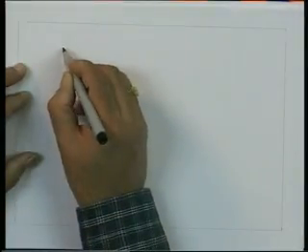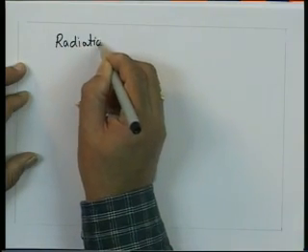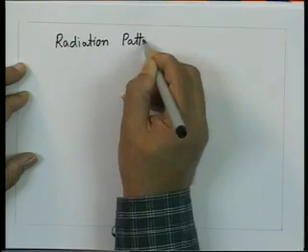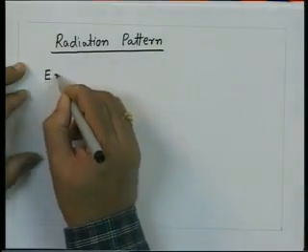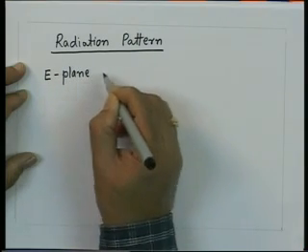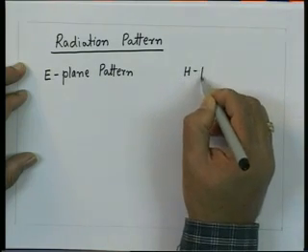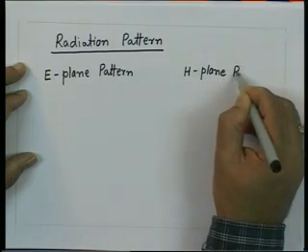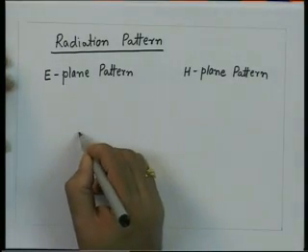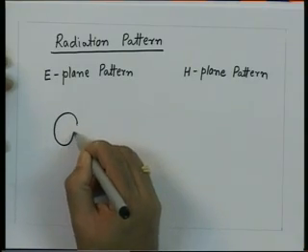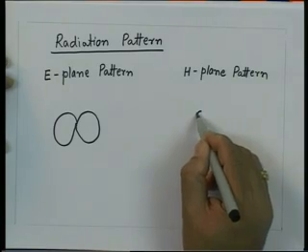So, we get here two radiation patterns: the E plane pattern and the H plane pattern. The E plane pattern is like a figure of 8, whereas the H plane pattern is a circle.